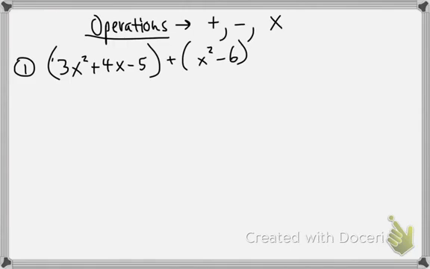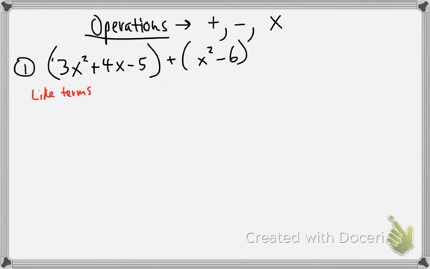This is kind of like the combining like terms unit that we covered either this year or probably last year sometime in math class, okay? All we are going to do is combine terms together that have the same variable and the same exponent. So we're going to combine like terms.